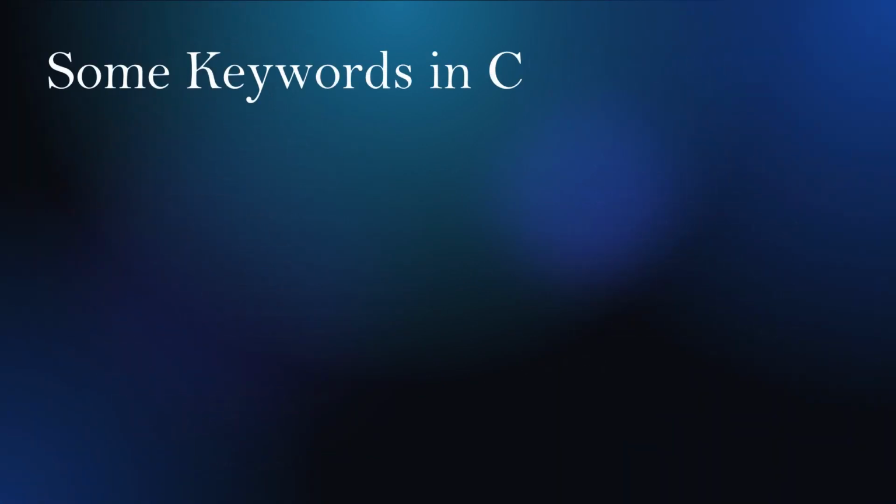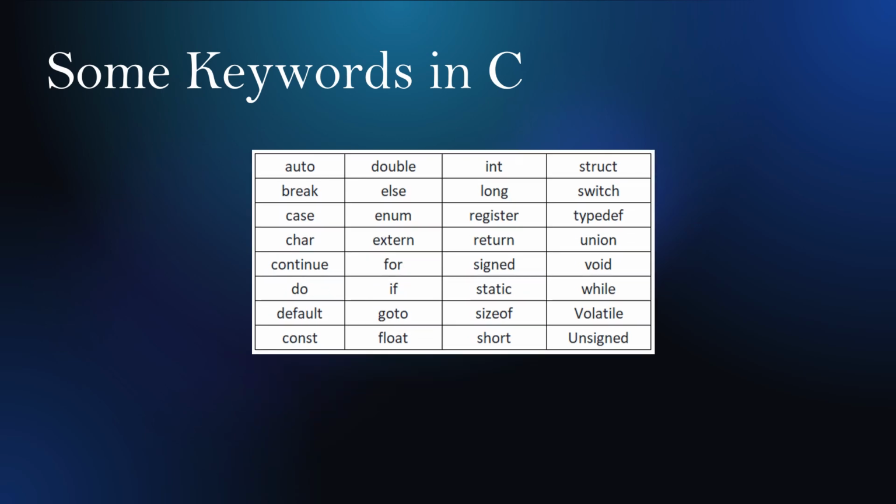Some keywords in C can be shown in the following image. Some of them are auto, double, int, struct, break, else, etc. You can refer to the image on the screen for more keywords.